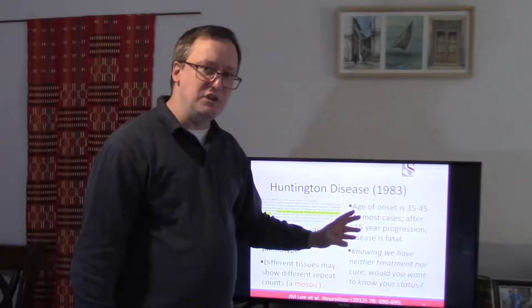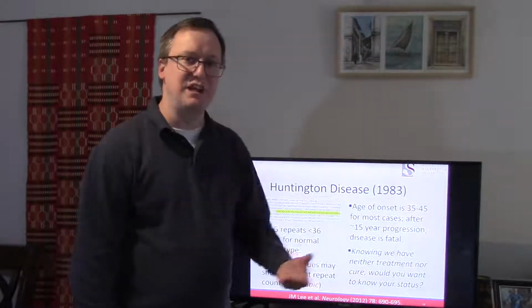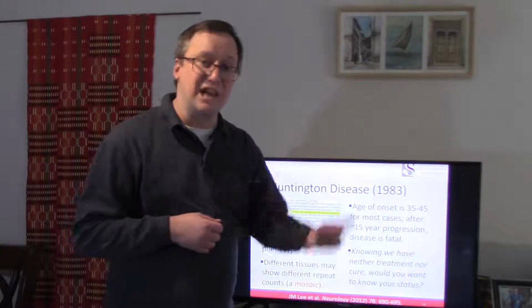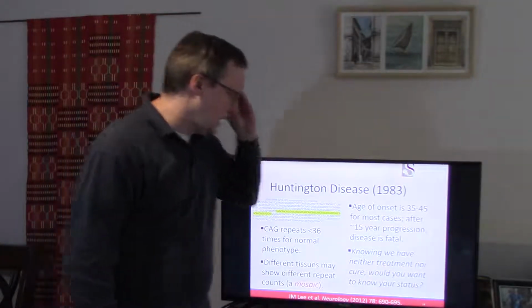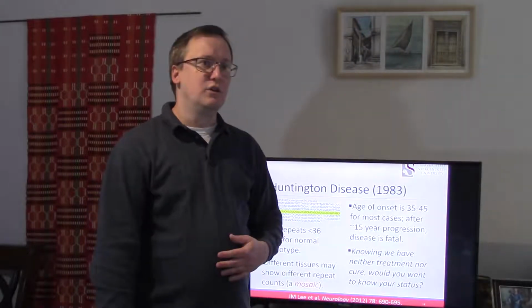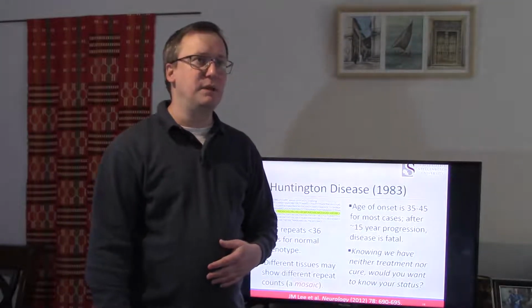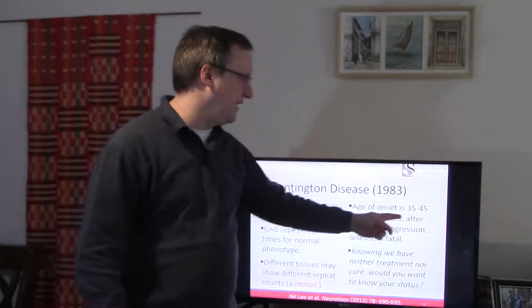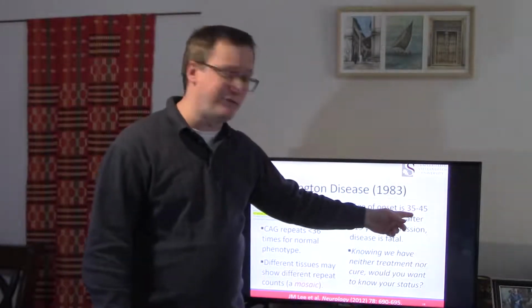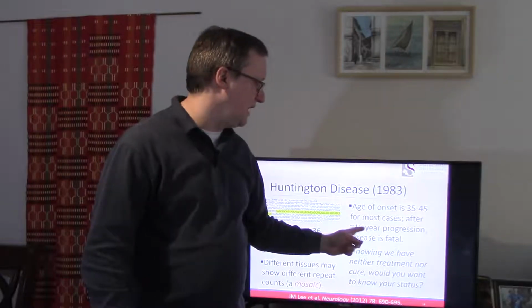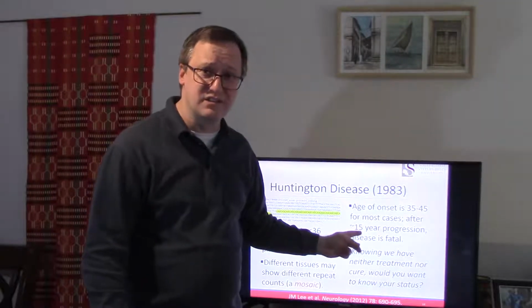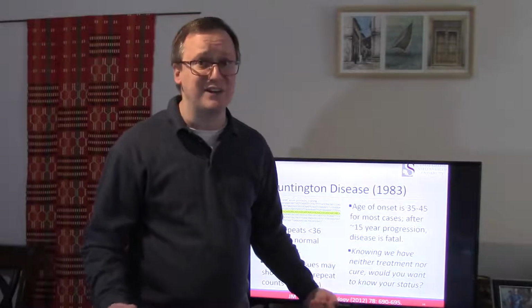However, we note that when people have more than 36 repeats, it increases the likelihood that they're going to develop Huntington disease. So, in some cases, we see that people at a relatively young age, 35 to 45, are first being diagnosed with this disease, and after around 15 years, the disease is most frequently fatal.